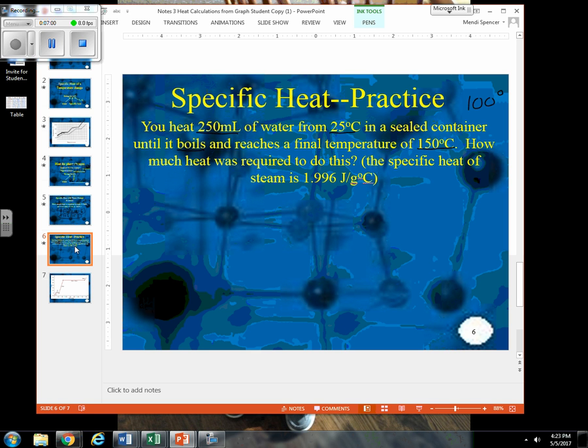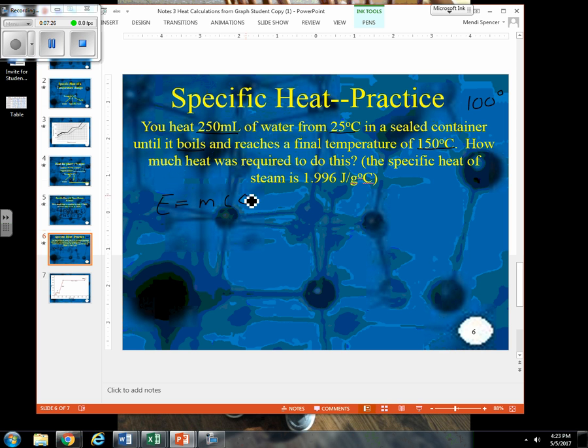So we first have to do a calculation to figure out how much energy was added to raise the temperature of water from 25 degrees Celsius up to 100 degrees Celsius. Since that is the case, we are just looking at raising the temperature of that water.